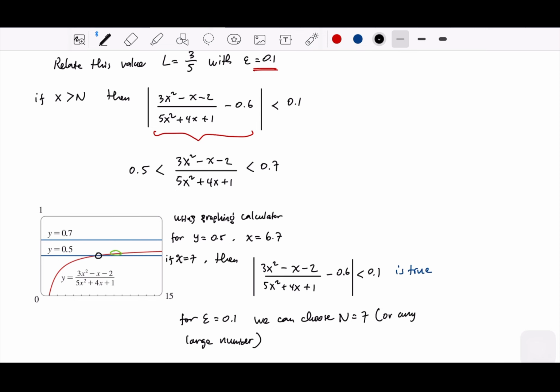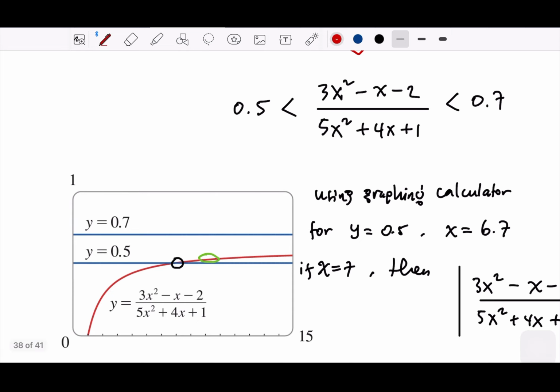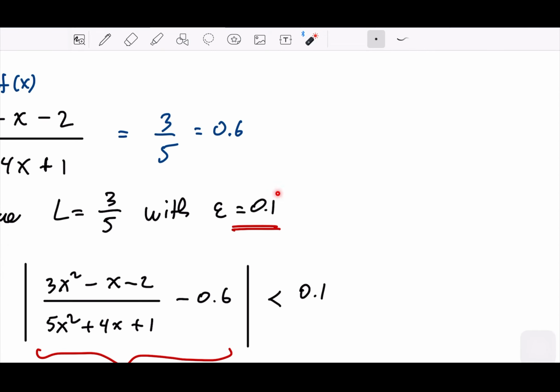Basically, we are going to find the N such that when we increase N, the curve will be perfectly in between our approximation, 0.5 and 0.7, and 0.5 and 0.7 come from this epsilon 0.1.